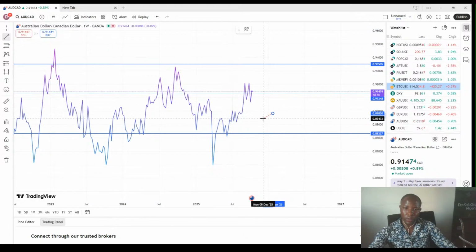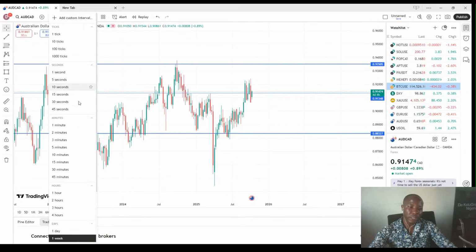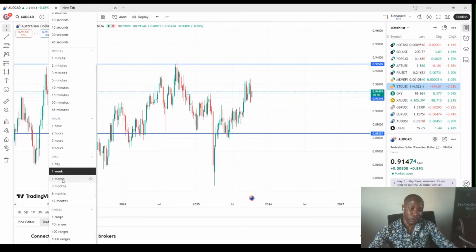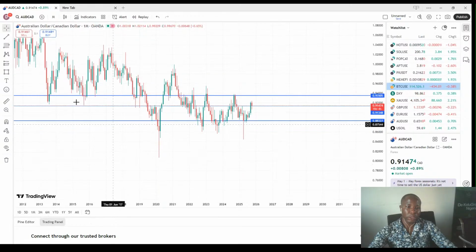So what is the overall direction of this market? Let's go back to the monthly again. What has it been doing over the years? Over the years, it has been going south. It has to come to a key level before it goes out.